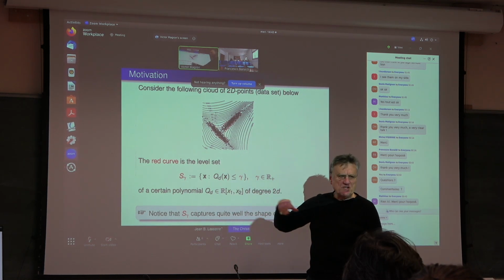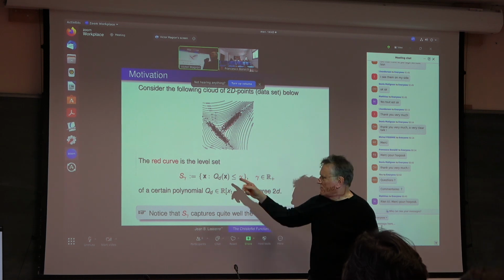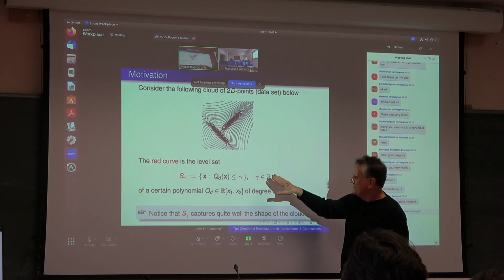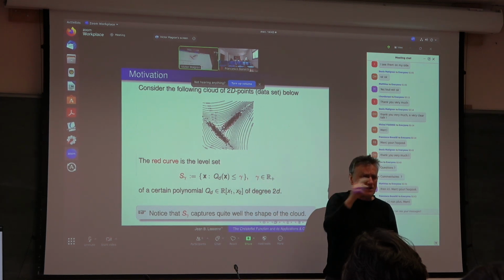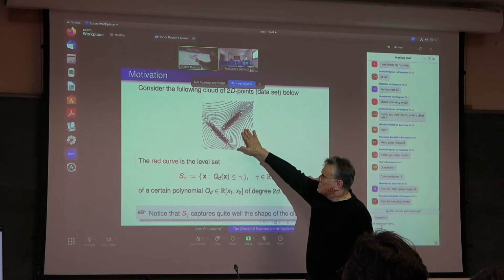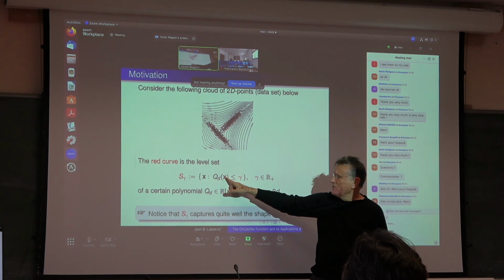So suppose your degree D is large. We have seen that when you fix an X arbitrary in R2, in the plane here, depending on whether you are inside or outside, the QD of X will be very large. So if you are outside the support of the measure, QD of X will be very large. So it cannot be less than gamma.